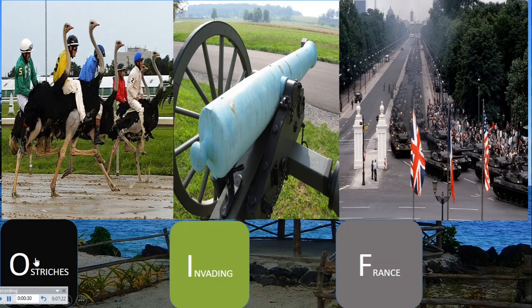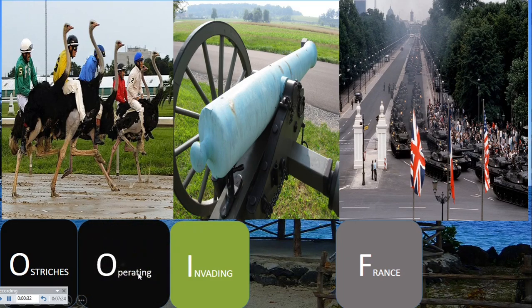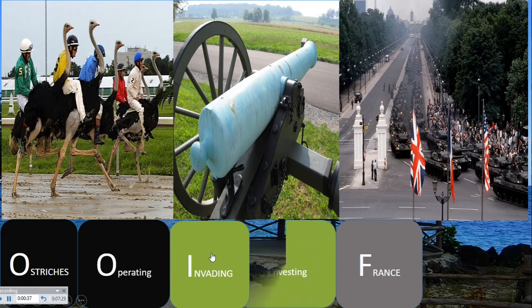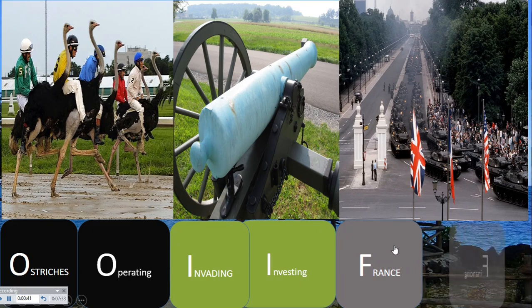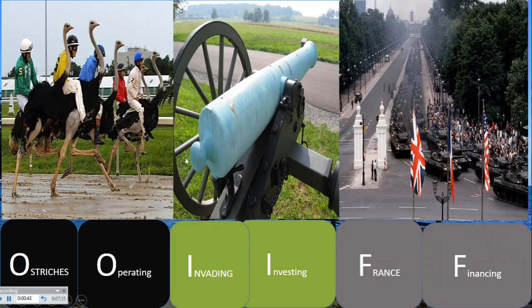So here ostrich refers to operating activities, the invading picture is your investing, and the flag of France is financing activities. So remember this picture to remember the 3 headings: operating, investing, and financing activities.